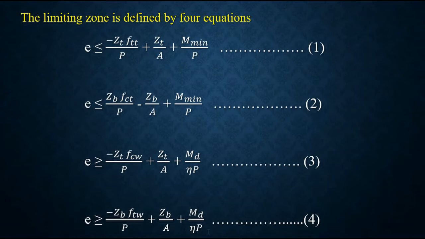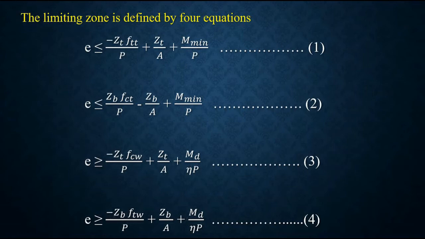Here in these equations you can observe a few things. The first equation as well as the third equation are in terms of negative values, but the second one as well as the fourth one are for positive.